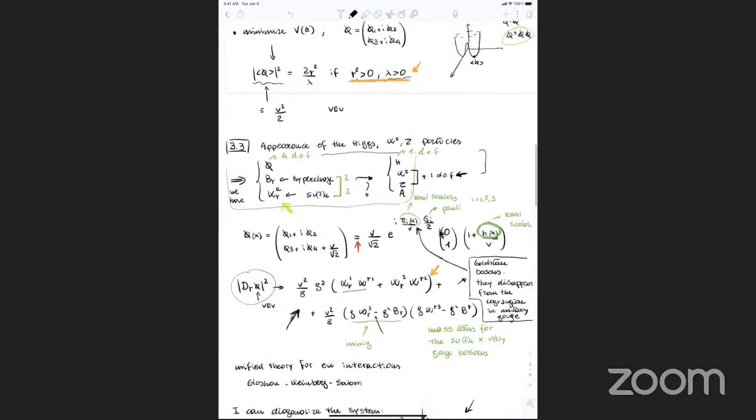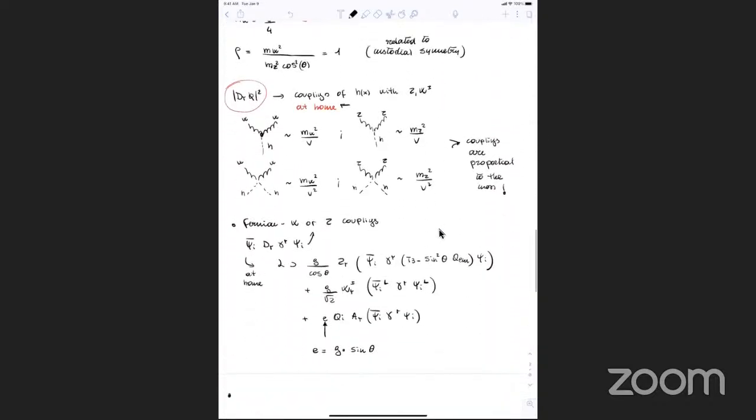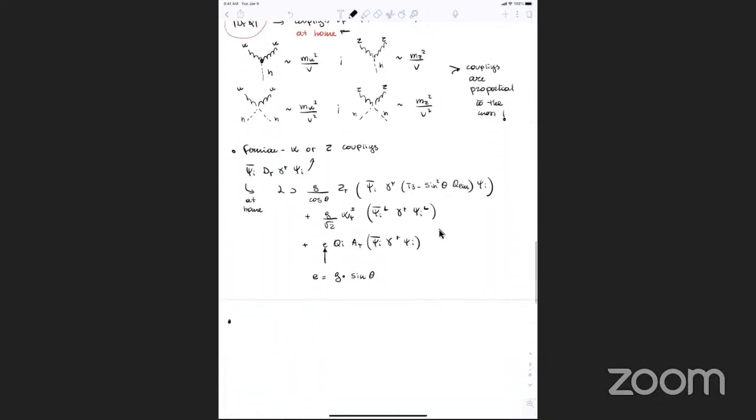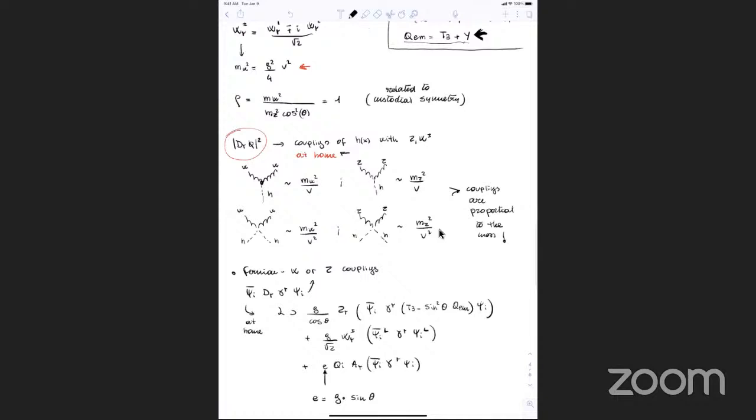Hi, Professor. Hello. Yeah, I need to ask you a very simple question. I'm wondering, there's some coupling between two gauge bosons and Higgs. So two gauge bosons and Higgs couple to each other and give us a vertex factor, so we can calculate them, but two Higgs doesn't couple with a gauge boson.